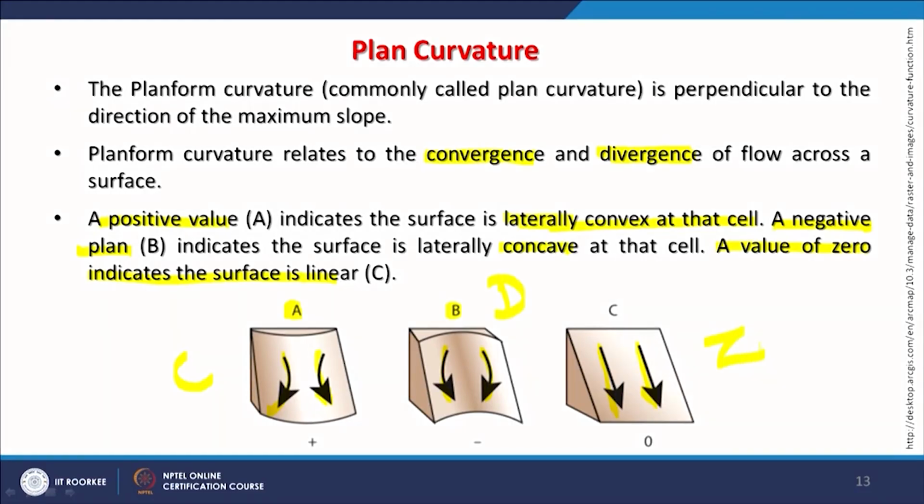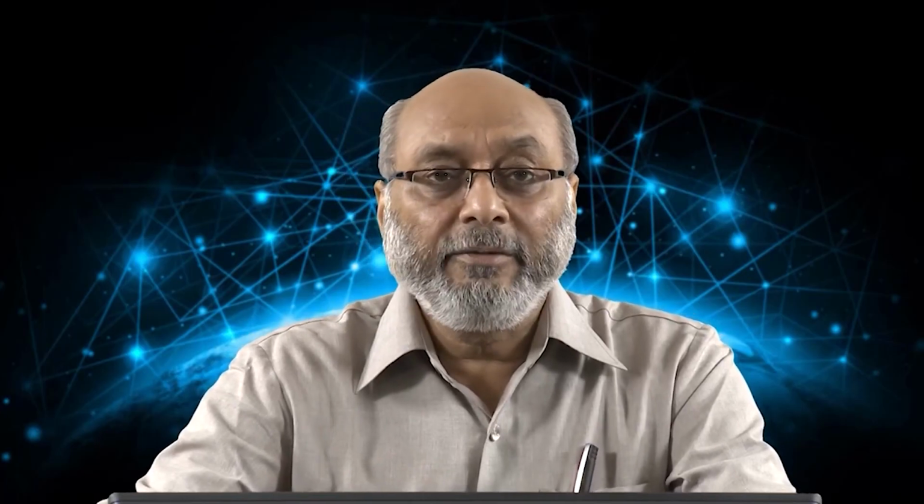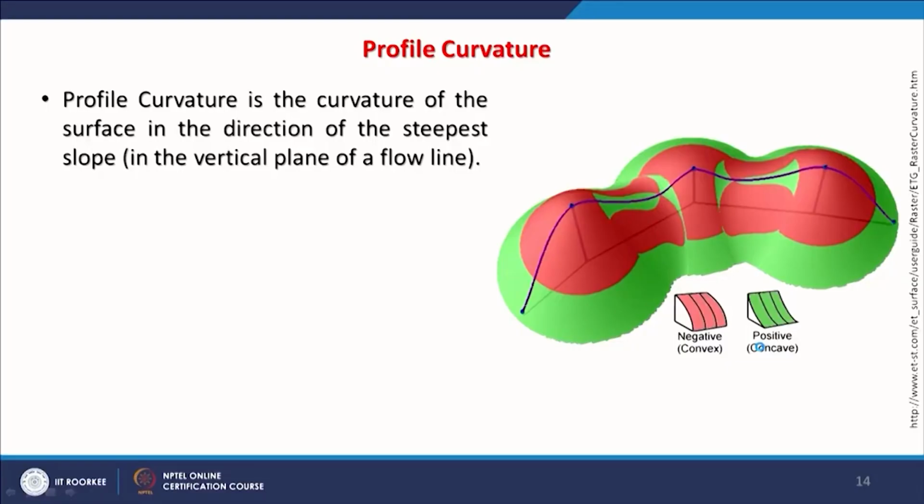Now, there can be another curvature instead of plan curvature. Now we talk about the profile curvature. And profile curvature is basically the curvature of the surface in the direction of steepest slope in the vertical plane of flow lines.